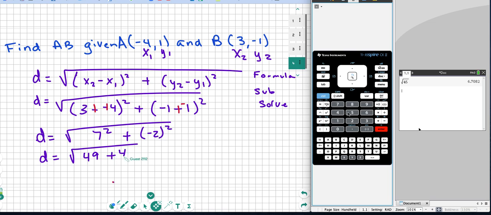Again, quick reminder on the calculator: if I do negative 2 squared, I get negative 4. If I do parentheses, negative 2, parentheses squared, notice that I get a different answer, positive 4.